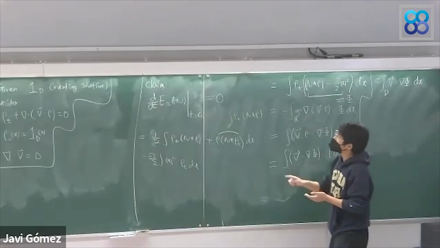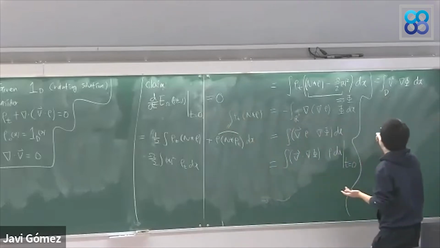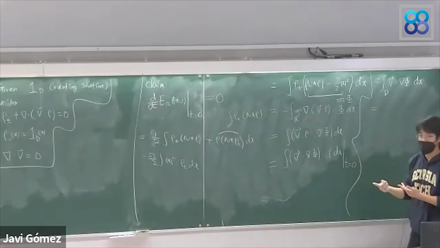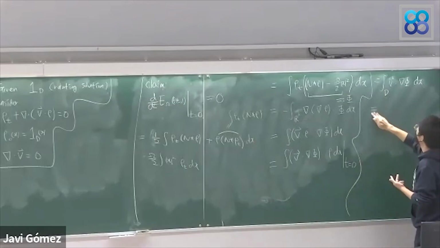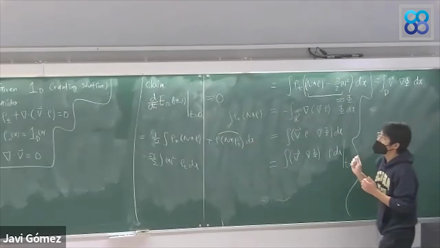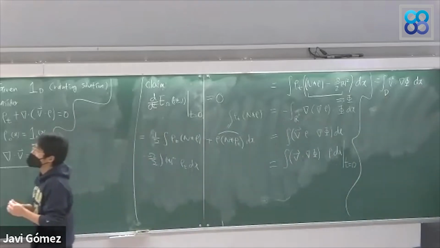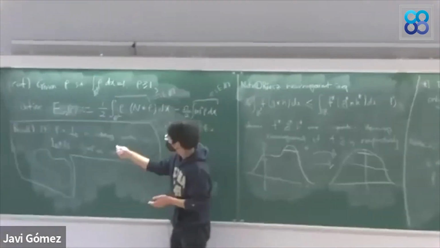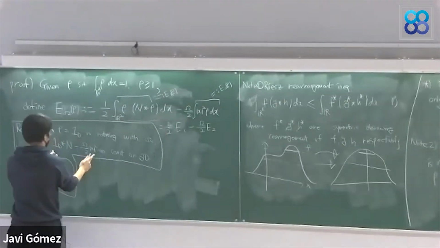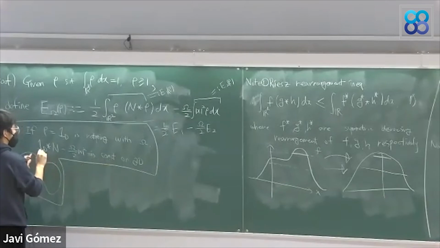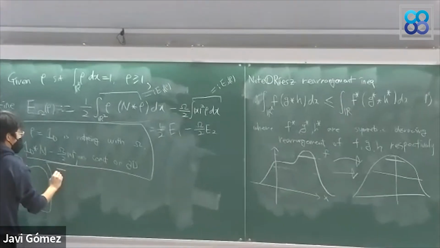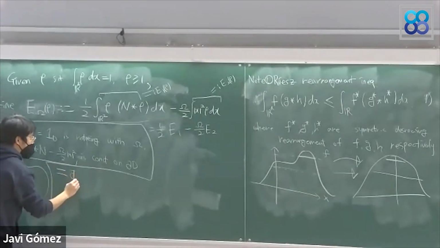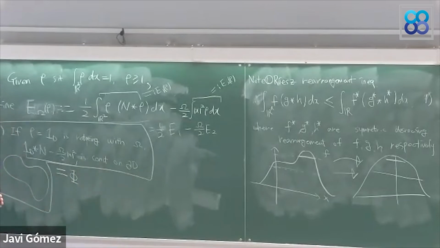So our goal is to show that this term is 0, and then let's do one more integration by parts. But here, let's recall this condition for the solution to be rotating. If the solution is rotating, then this is constant on the boundary, and that is what we are denoting by large B, right?